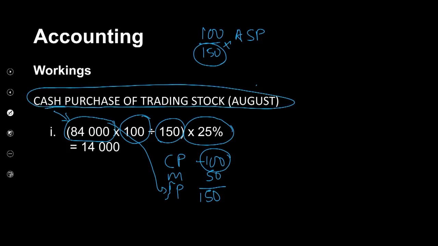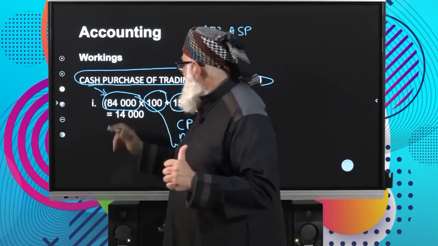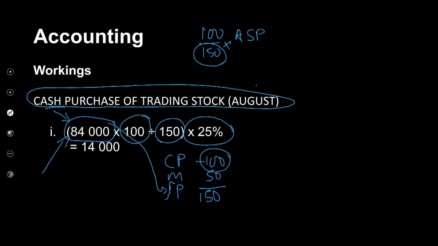So let's take this one step back. Number one, take your sales figure for August, which we did, 84,000. Number two, determine the cost of sale, which we did: 100 over 150, or 100 divided by 150. And number three, the third component: what component of that figure will be for cash? 25%.